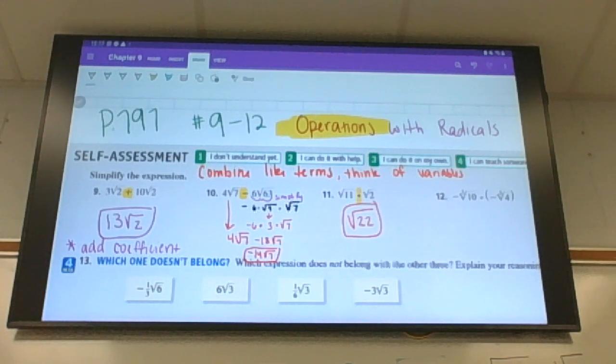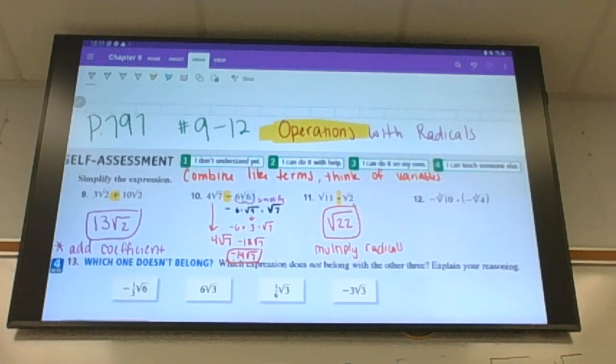There's just fewer rules with multiplication. And so this one, two negatives make a positive. This is the cube root of 40.